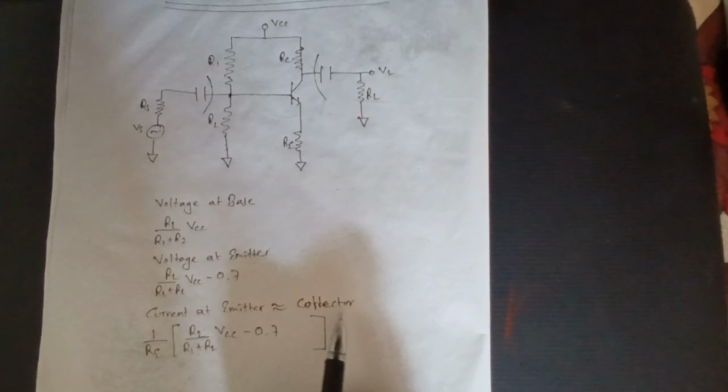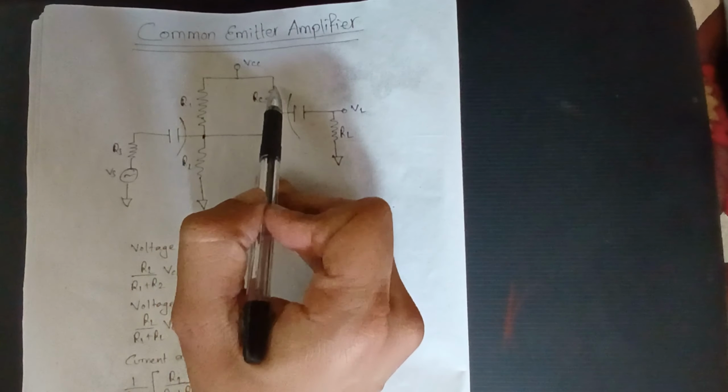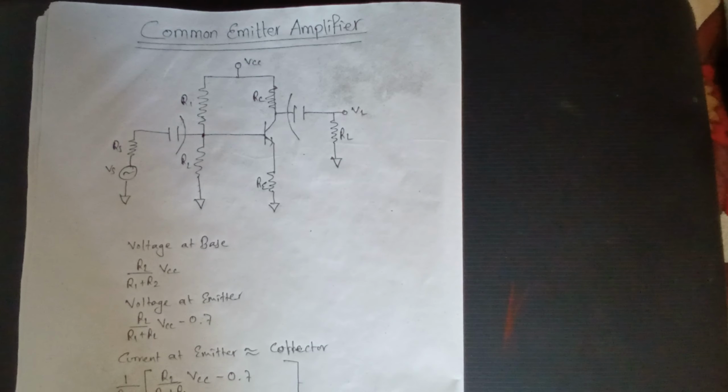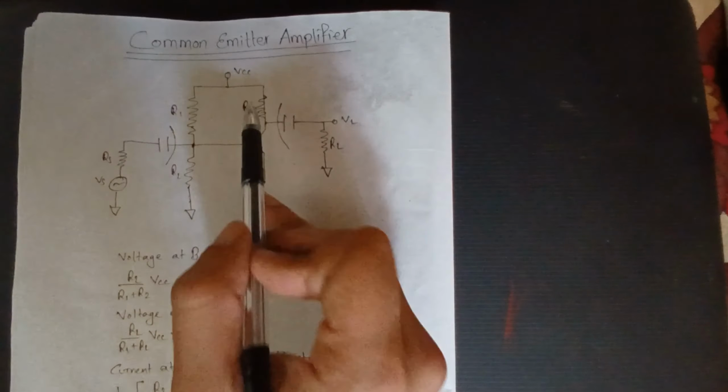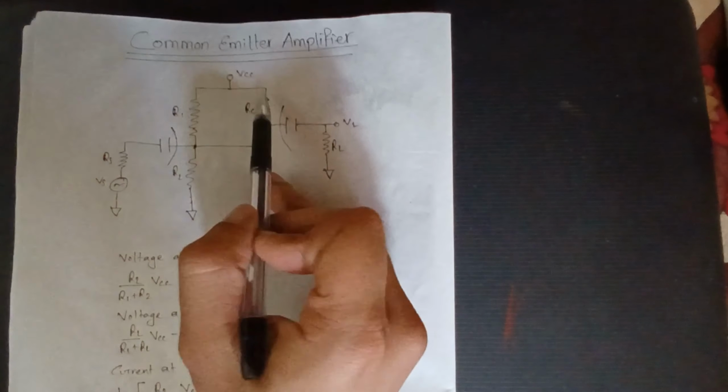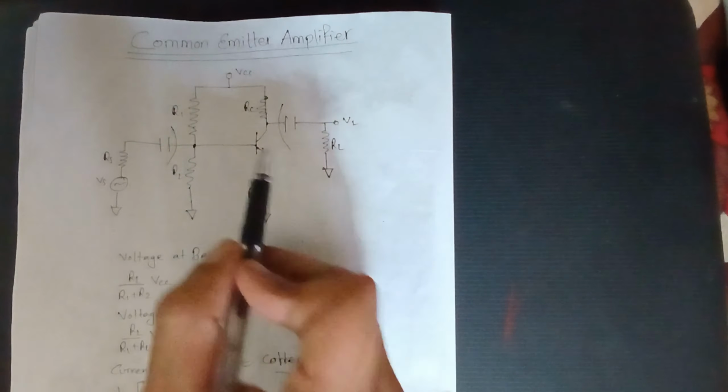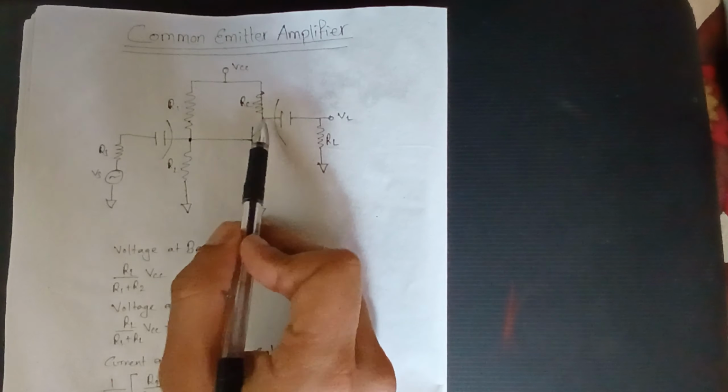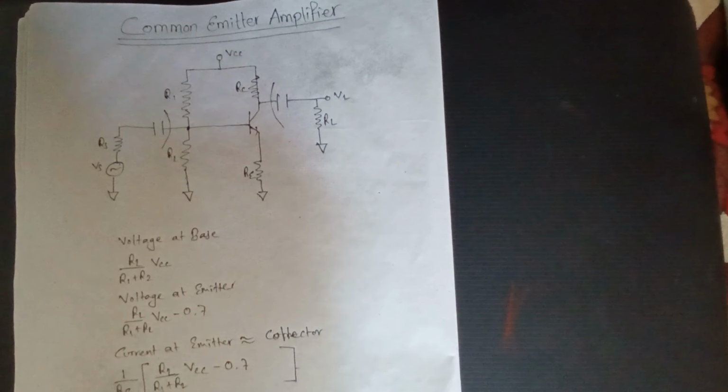If the collector current is 1 by RE times this, then we can calculate the voltage at the collector, which is simply VCC minus the voltage drop across RC. We know the collector current, so RC times this current is the potential drop across RC. So voltage at collector is simply VCC minus the potential drop at RC.